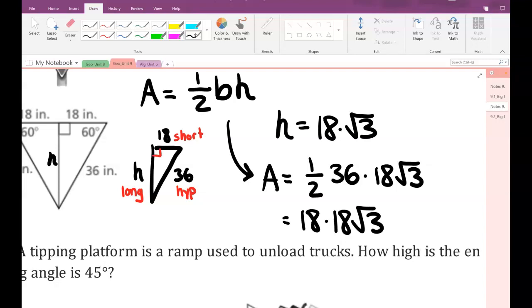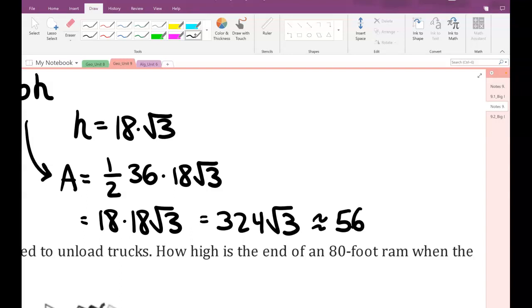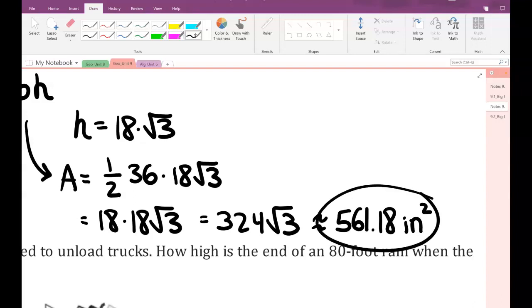Simplify another step, you get 324 square root of 3. So that would be your exact answer. Your approximated answer would be 561.18 inches squared. Since we're being good about units. There we go.